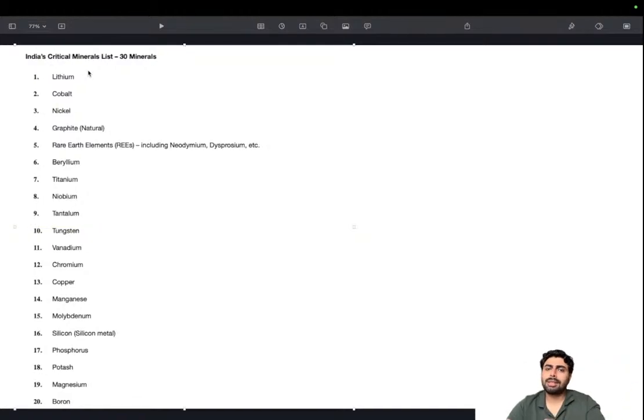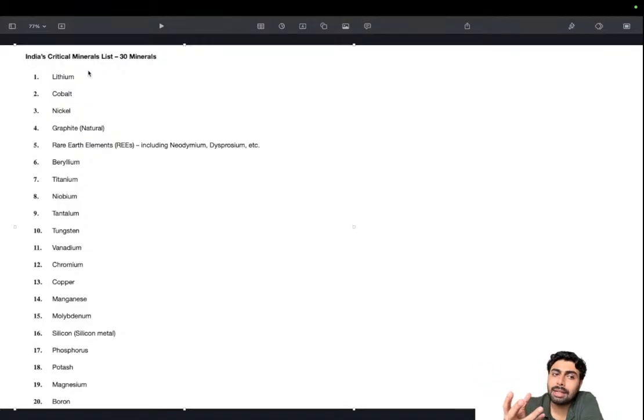So critical minerals are certain minerals that are designated as critical because of their importance in manufacturing processes, especially in electronics manufacturing, EVs, and other high-end technology manufacturing. But at the same time, only few countries have the access or have the reserves, and few countries dominate the supply chains. So they are very vulnerable to supply chain disruptions.